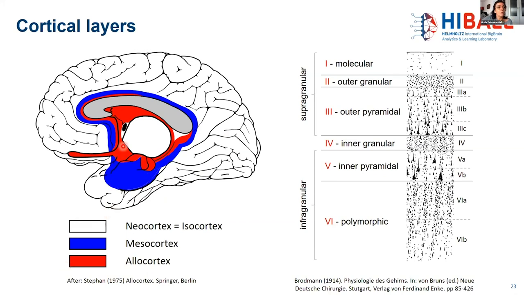And then between allocortex, which is highlighted in red, and neocortex, which is in white, we've got a so-called transition zone, which is called mesocortex, and it's in blue here.